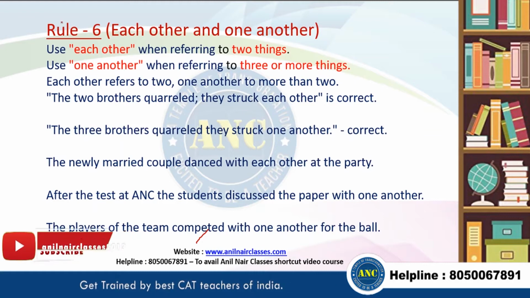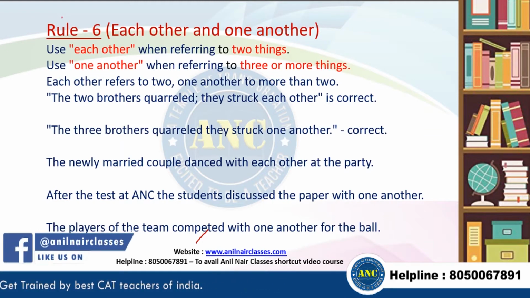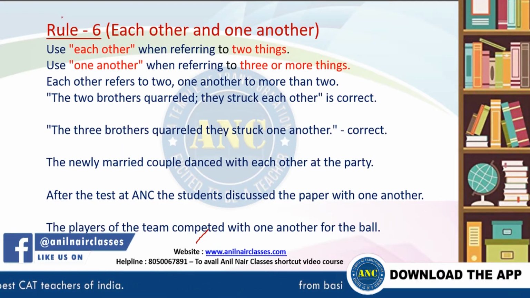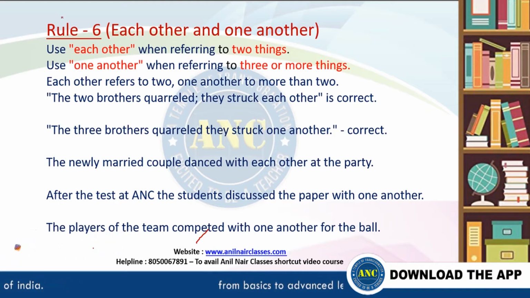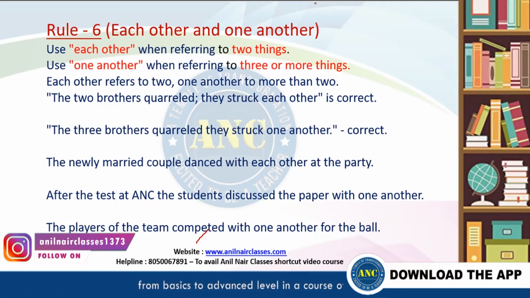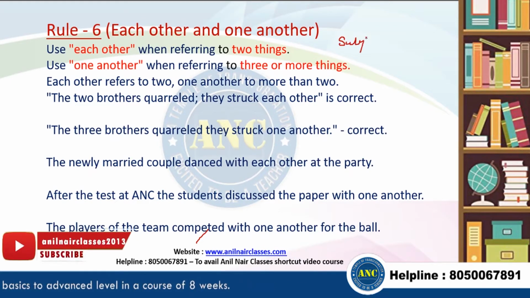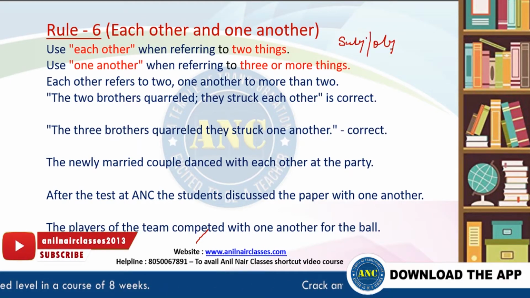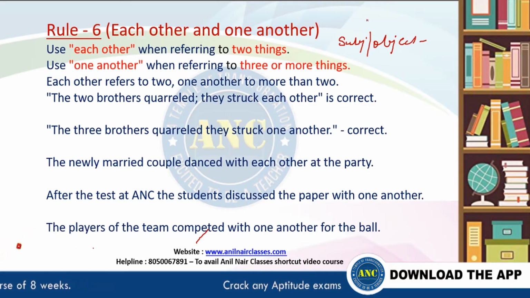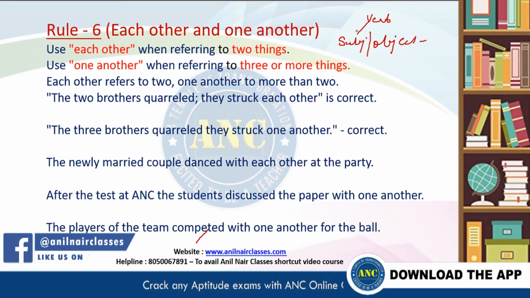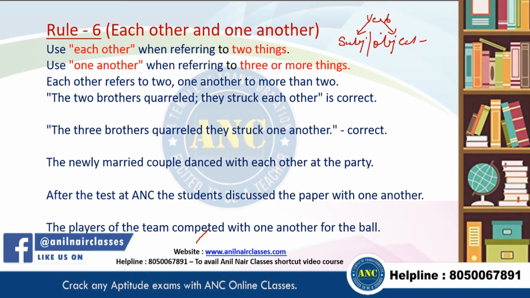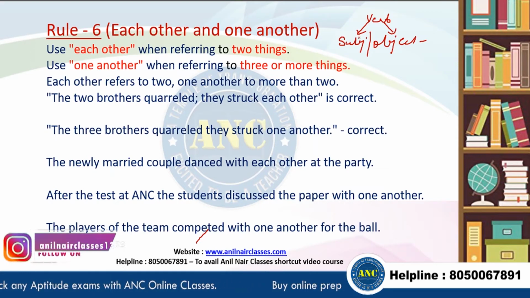I hope you have understood all the 5 rules which we have done before this. So let's quickly revise them. So we have the subject pronoun and the object pronoun. If it is a verb, before the verb you will have the subject, after the verb you will have the object pronoun. Fine.